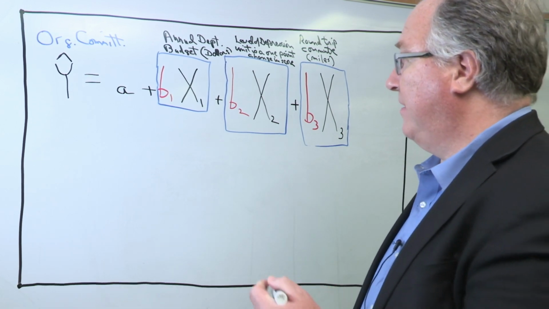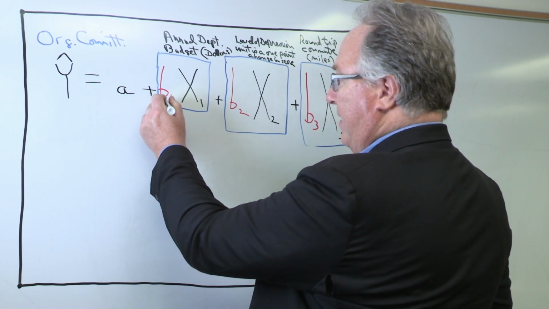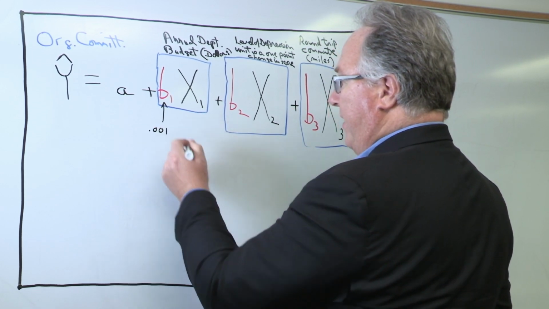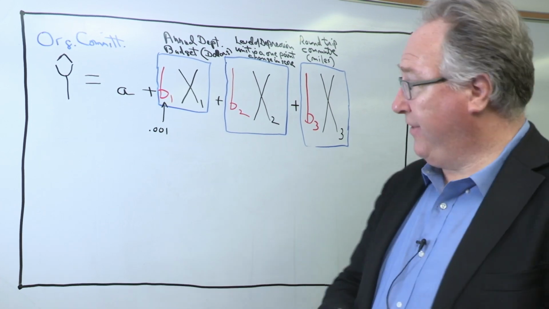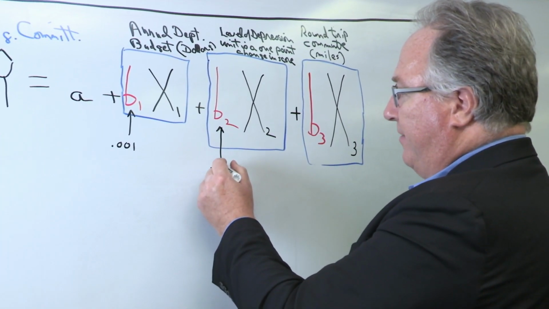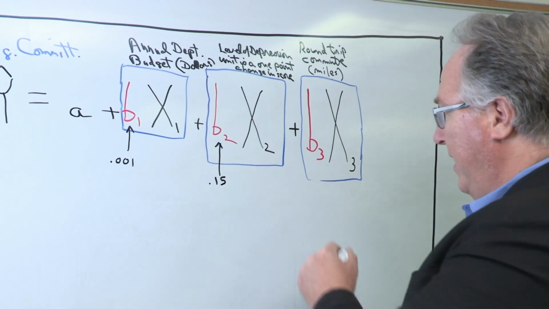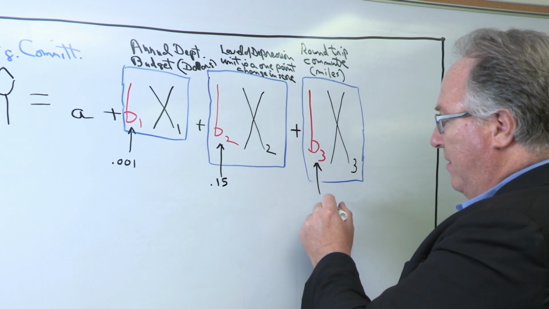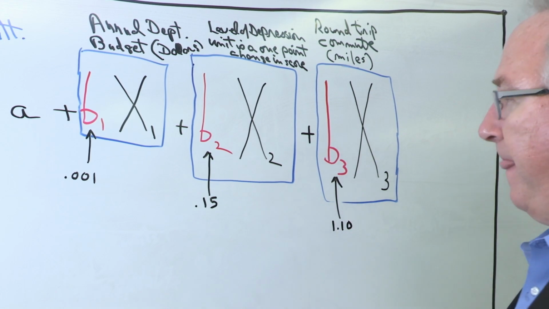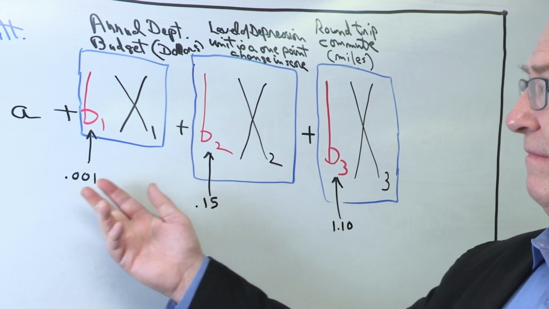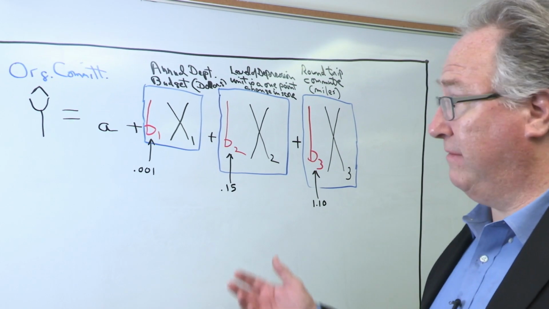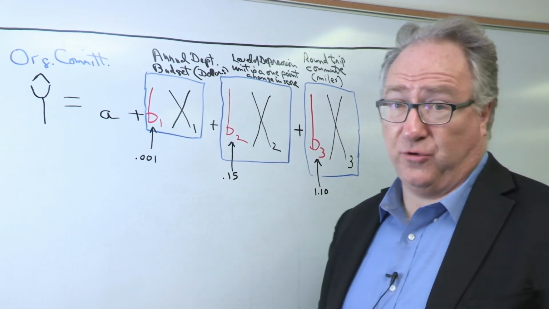The regression coefficient value right here might be 0.001, and the regression coefficient value here might be 0.15, and the regression coefficient value here might be 1.10, and you might start comparing them and thinking about which one's larger than the other, and you can't do that because the predictive variables are all measured in different units.